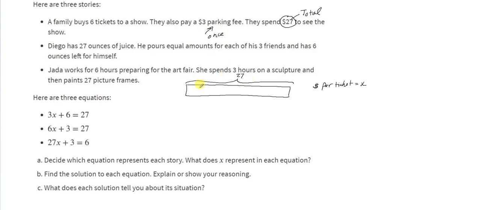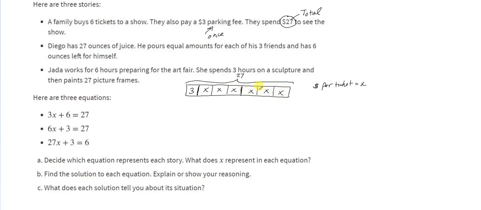So of those $27, I'm just going to say, alright, 3 of it's there. The rest of this is split up amongst the 6 tickets that I buy. So half of it, and then those into 3 parts, and these into 3 parts. So 1, 2, 3, 4, 5, 6. Each of them costing an unknown amount of X dollars, which would look like that.